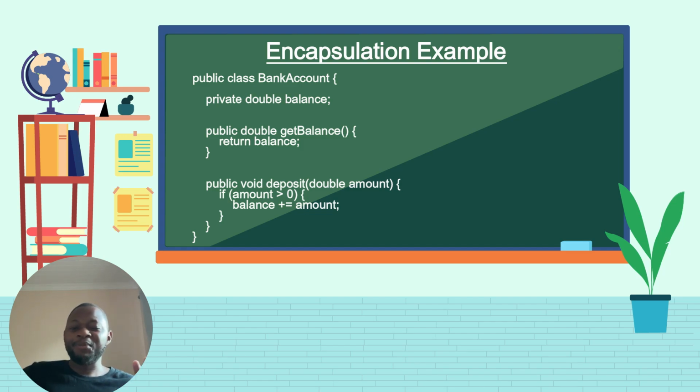You would want to have restricted access as much as possible with the balance. That's why we have the balance attribute as private. You see the private keyword, and you don't want anyone to access the variable from anywhere to update it. So that's why it's private.